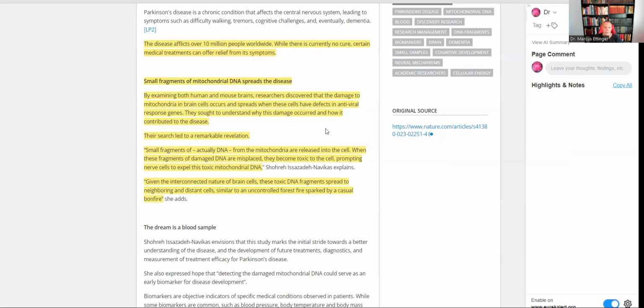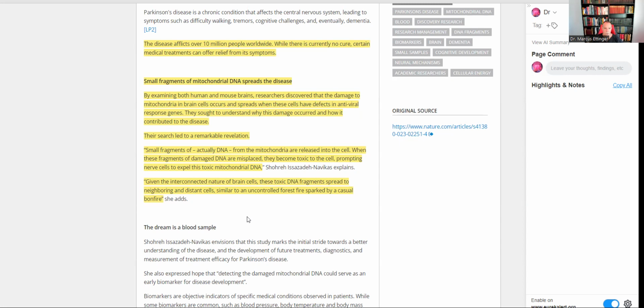They sought to understand why this damage occurred and how it contributes to the disease. Their search led to remarkable revelations. Small fragments of DNA from the mitochondria are released into the cell. When these fragments of damaged DNA are misplaced, they become toxic to the cell, prompting nerve cells to expel this toxic mitochondrial DNA. So the mitochondria put it into the cell, and then the nerve cells are actually expelling it outward.